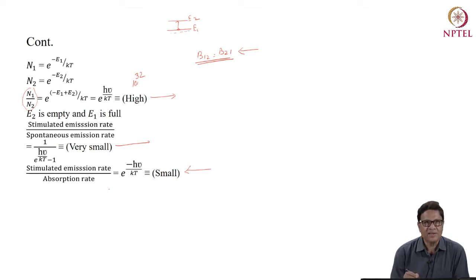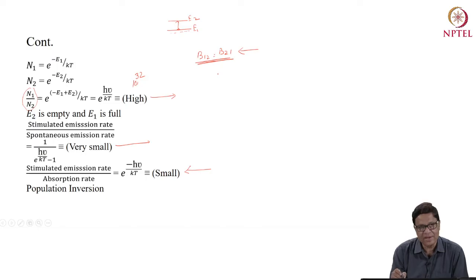We have to create this condition, right? So right now, the ratio of stimulated emission rate and absorption rate is quite small. So you have to create a condition, and we understood from earlier analysis that B12 is equal to B21. That is, the transition probability of stimulated emission and absorption are the same, but it is not happening naturally. So if you want stimulated emission to dominate, then you have to create that condition.